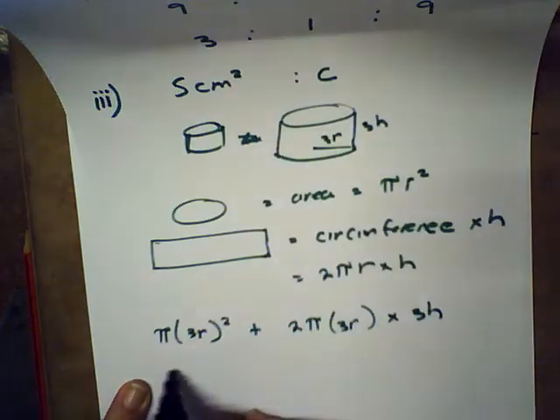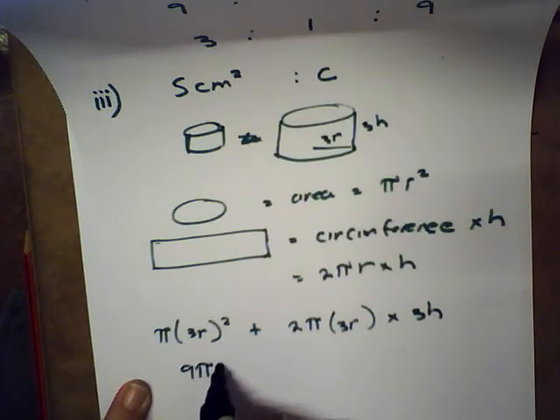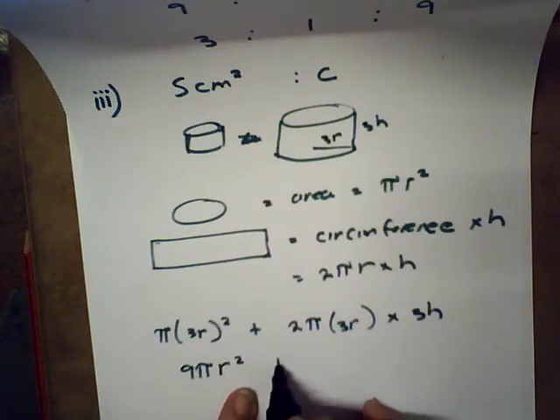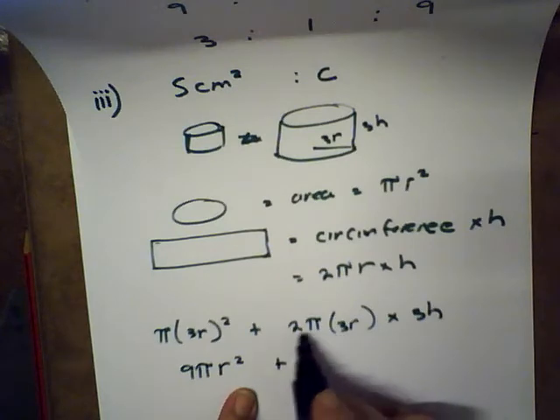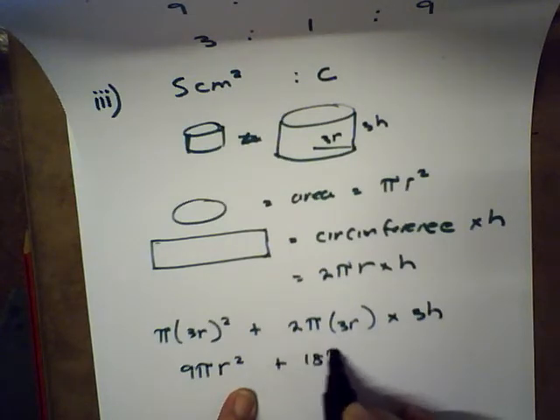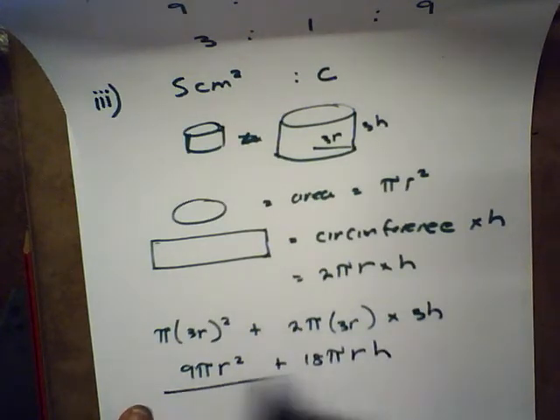That would give us 9 pi r squared plus 18 pi r h, and that's in terms of h and r. That should give us the surface area of the similar pot.